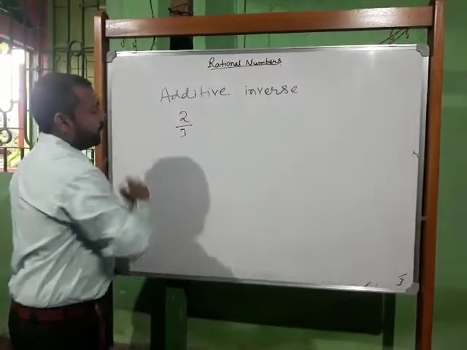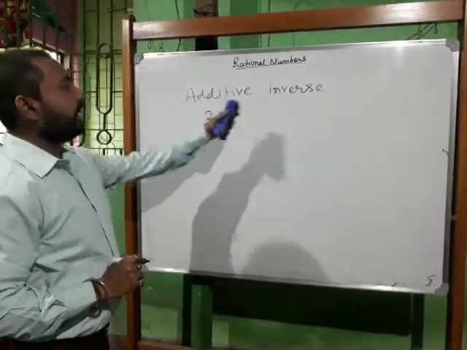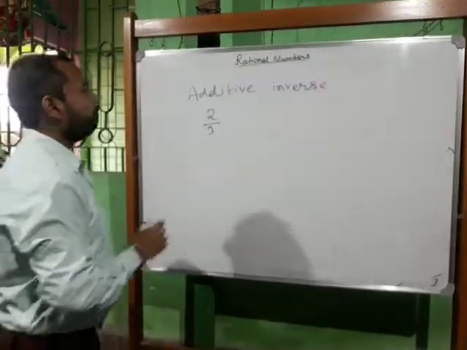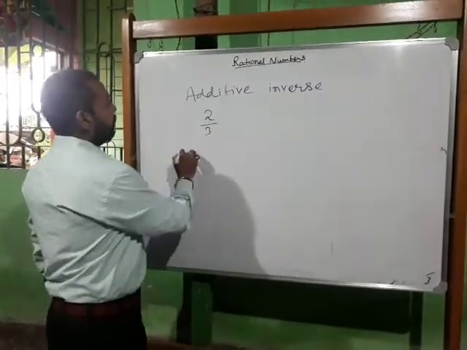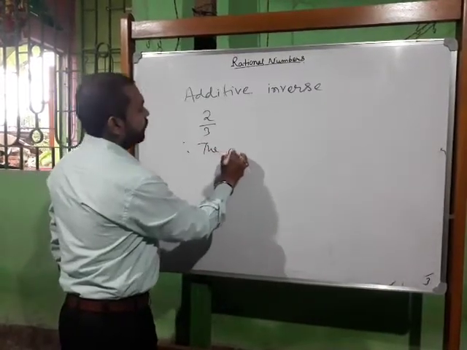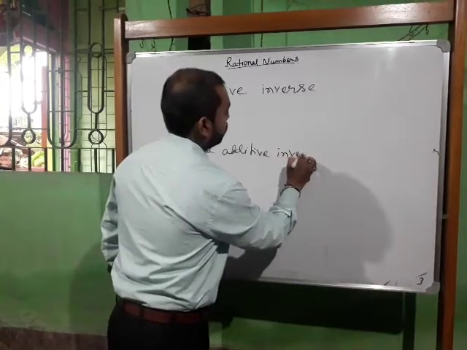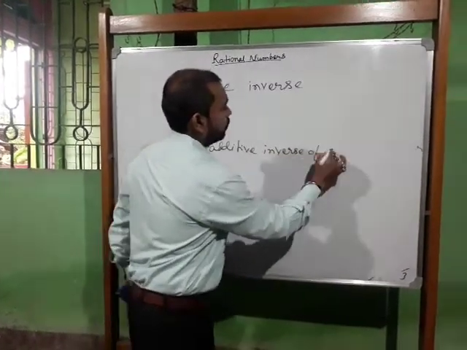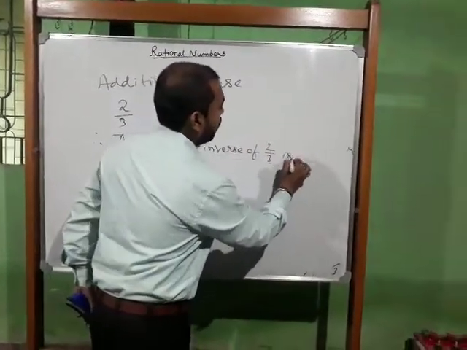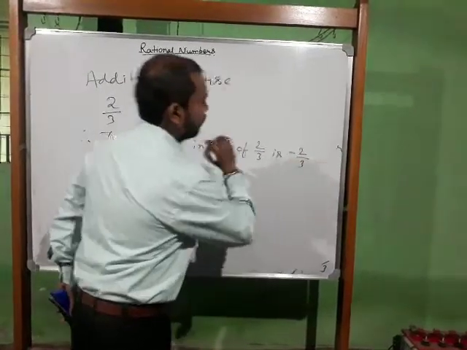Now suppose 2 by 3 is a rational number, and I asked you what will be the additive inverse of 2 by 3. So simply what we write? The additive inverse of 2 by 3 is minus 2 by 3.